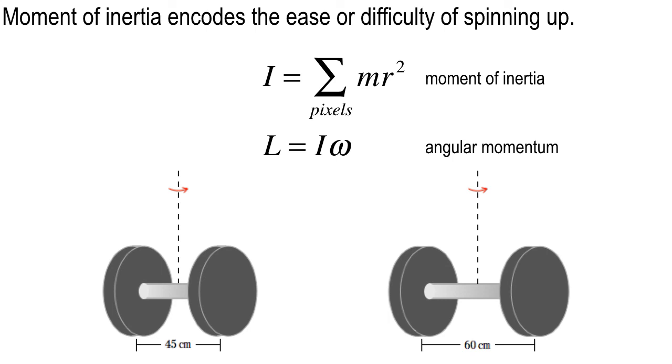On a wheel, you pixelate it into every gram of mass, and the distance r and the square of the distance r squared is the same. So this is pretty easy for a wheel or a hoop, not too hard to calculate. If you figure out mr squared for each pixel and then add them all up, the term for that is the moment of inertia, capital I.